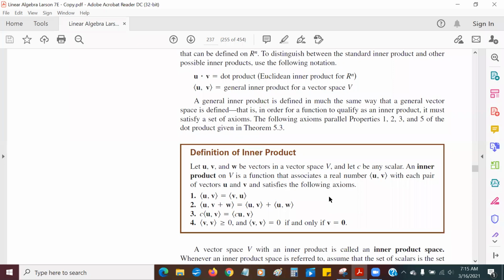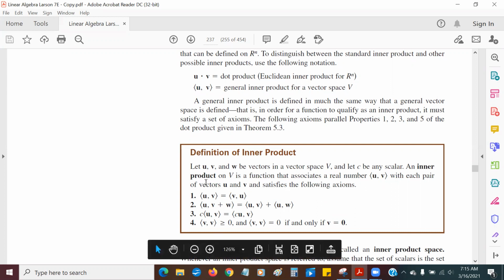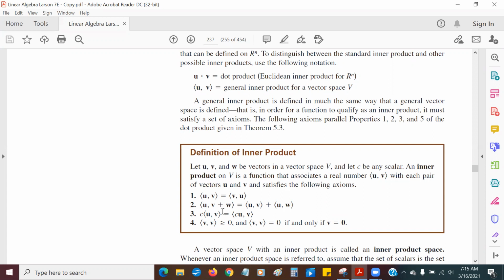So that's kind of what we're saying. And any function that does this is called an inner product if it satisfies these 4 conditions. U comma V has to equal V comma U. U comma V plus W has to equal U comma V plus U comma W. So this has to be kind of linear, if you will.